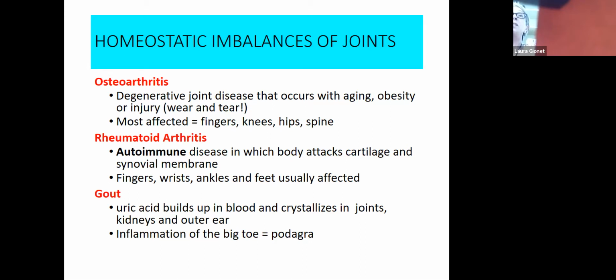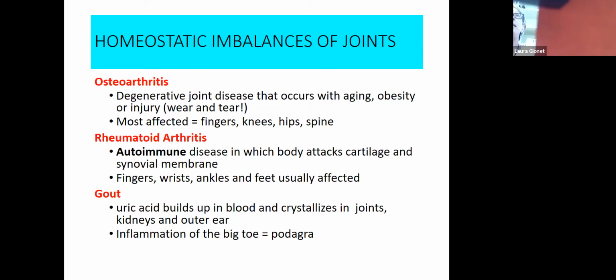Rheumatoid arthritis is an autoimmune disorder. We haven't really gotten into this. We'll come back to it in A&P 2, but autoimmune disorders are when you start making antibodies to some of your own body cells. You're not supposed to do that, all right? You don't normally make antibodies to your own cells. Otherwise, you start breaking yourself down.